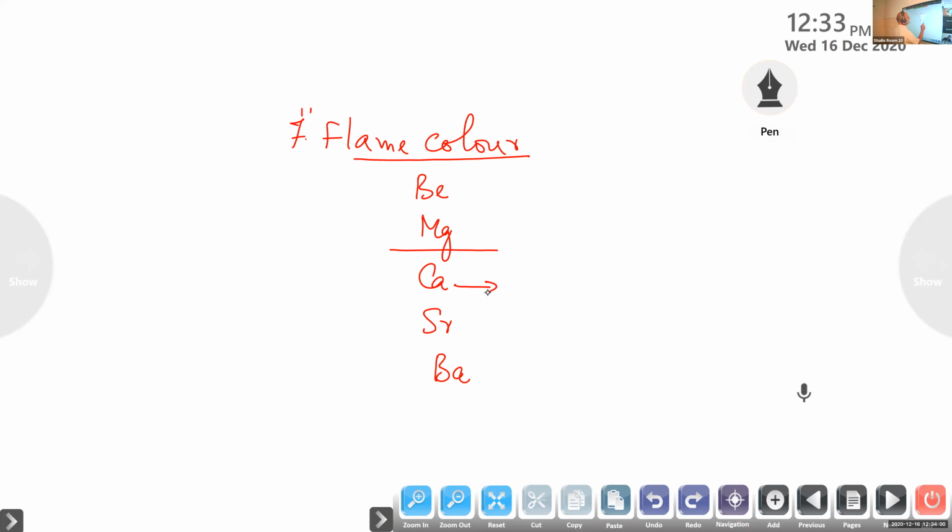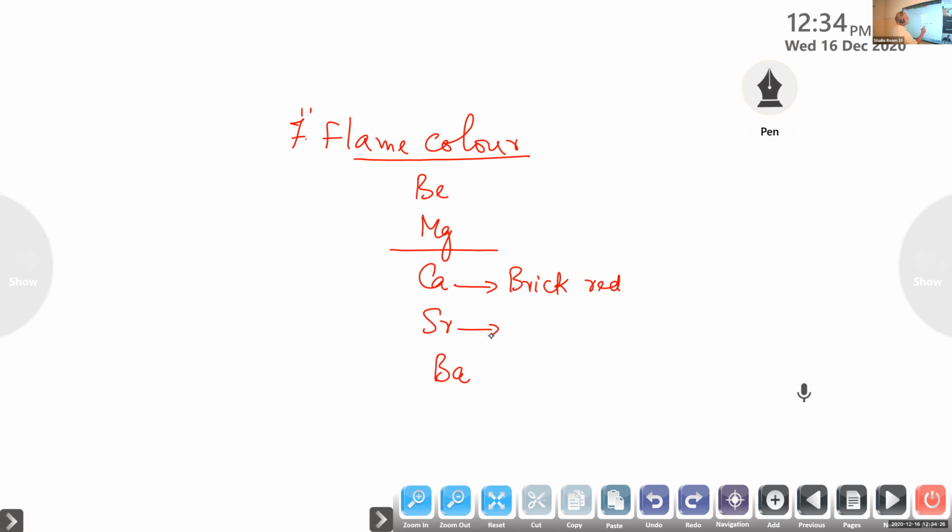Calcium gives brick red color, the red colored country bricks, not the cement bricks, the red colored clay bricks. That is the color, brick red color, for calcium.